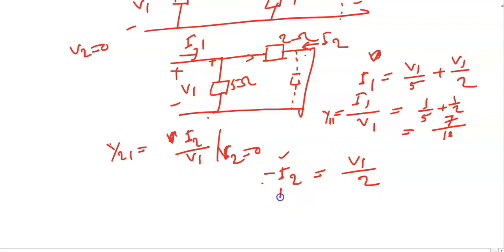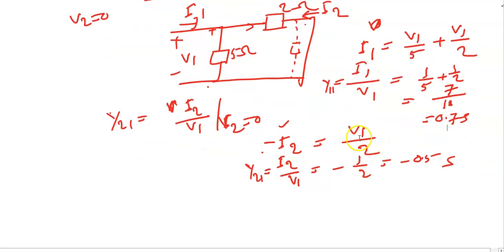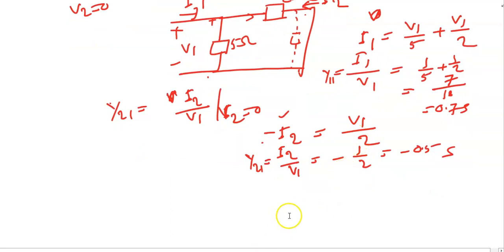So I2 upon V1, which is your Y21, is equal to minus half, which is minus 0.5 Siemens. All these units are Siemens, like 0.7 Siemens.